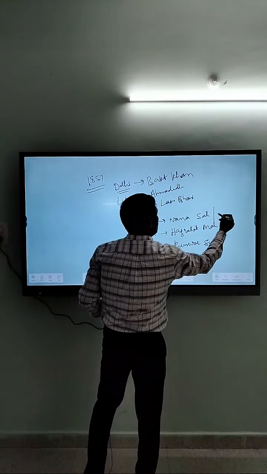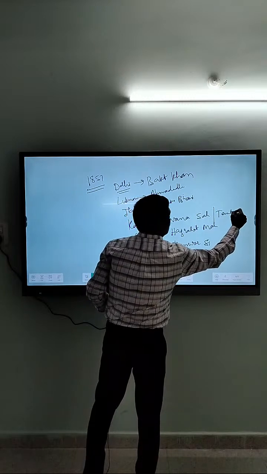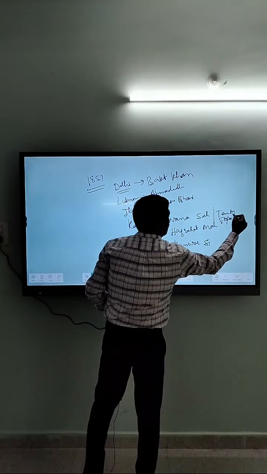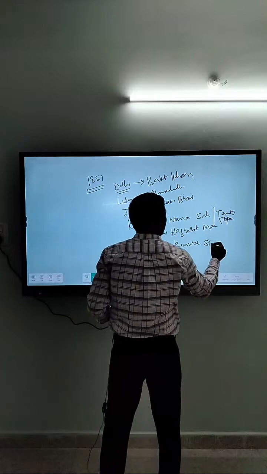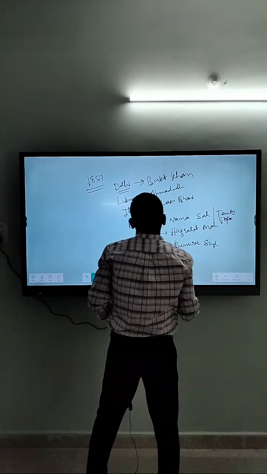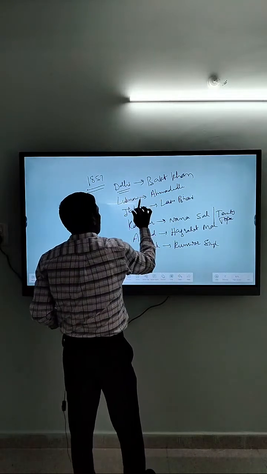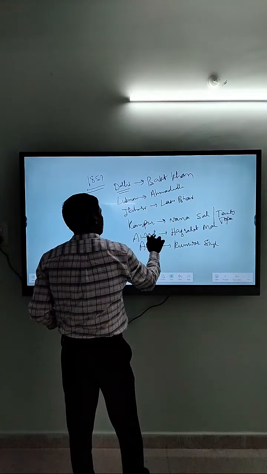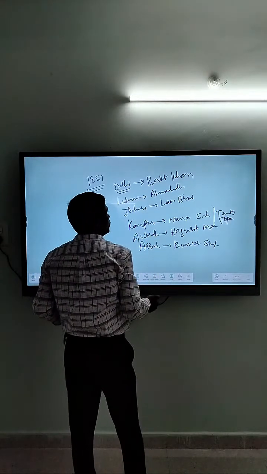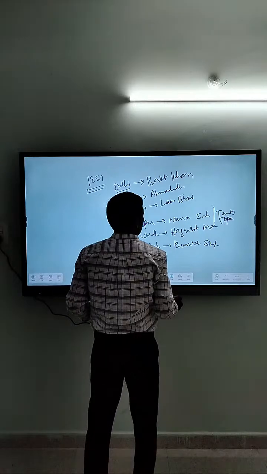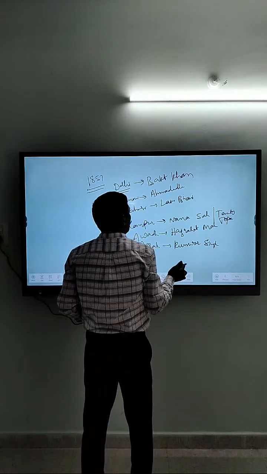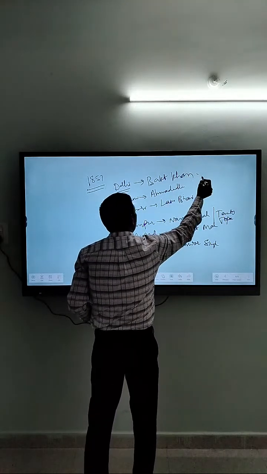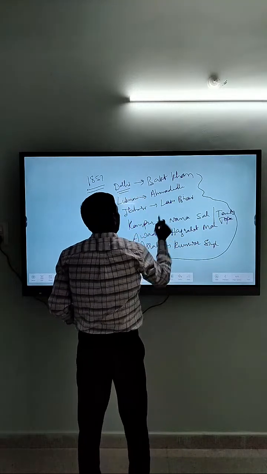And Nana Sahib and Tantia Tope. So it was Delhi, Lucknow, Jhansi, Kanpur, Awadh, Bihar, Ara. These were the major centers of the 1857 revolt, and these are the personalities who were involved in it.